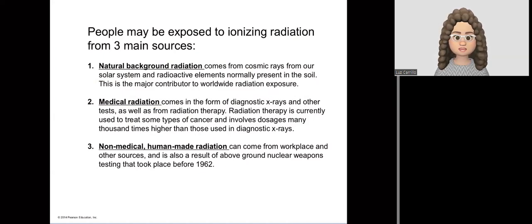Lastly, there may be non-medical human-made radiations, and those can come from the workplace and at times from other sources. There was an important study in 1962 that was studying how above-ground nuclear weapon testing was resulting in the exposure of radiation to humans.